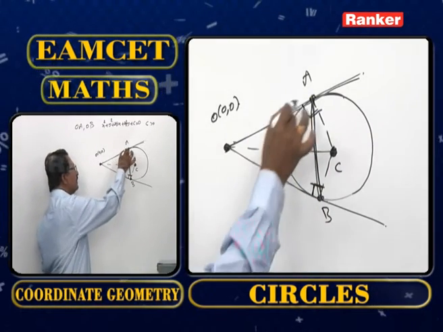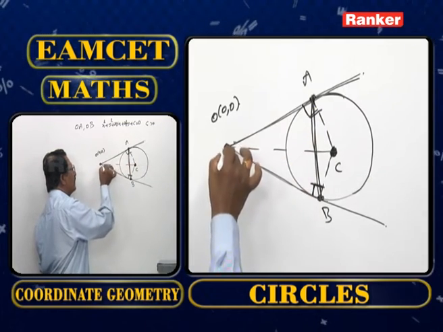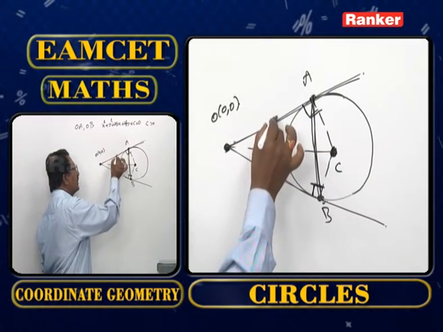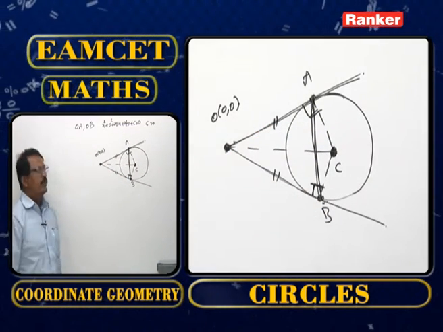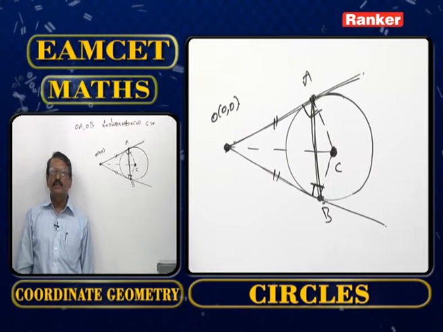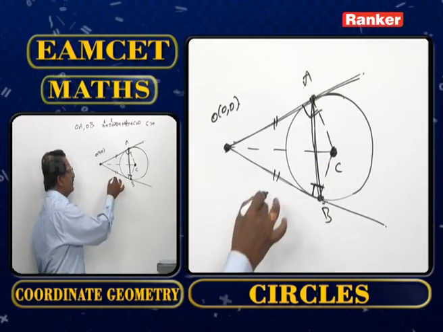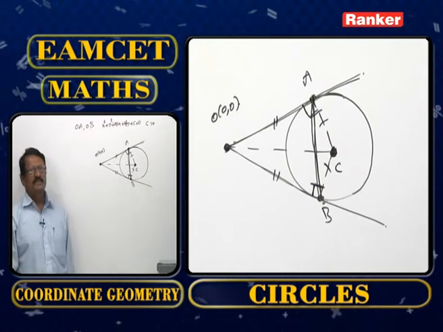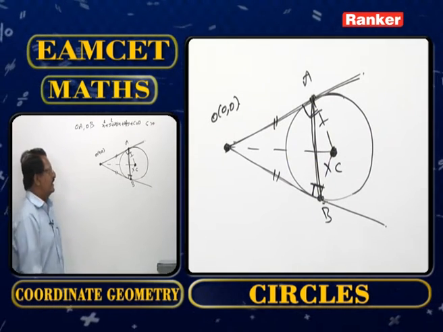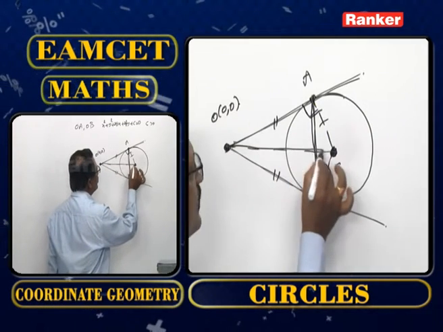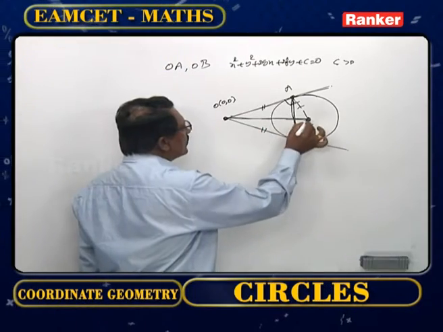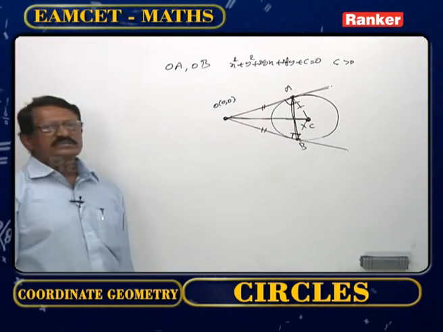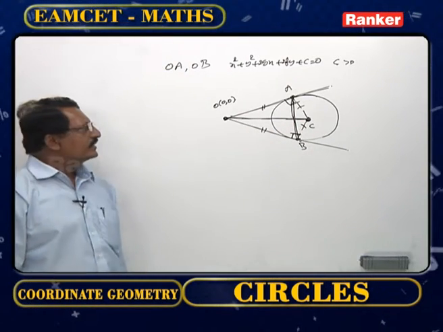Now, in triangle OAC and triangle OBC, OA equals OB, which is nothing but the length of the tangent. Next, AC equals BC, which is the radius of the circle. And OC is the common side for both the triangles.